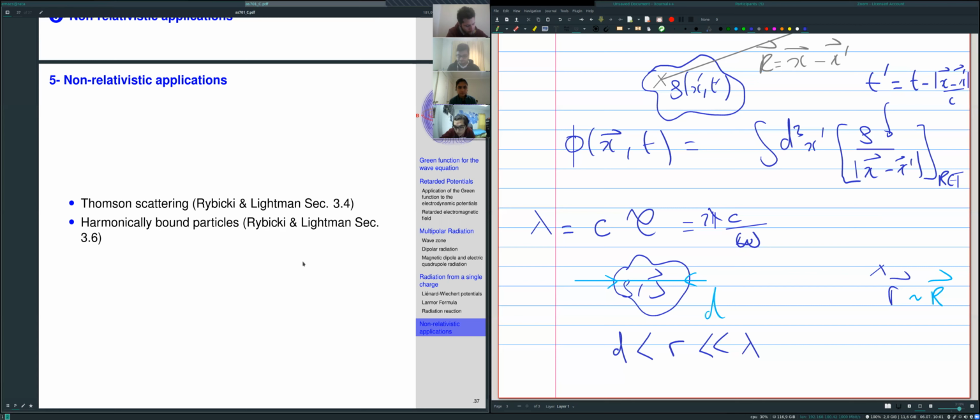And try to prepare these applications for Thursday. So it shouldn't take me too much time to go through multipolar radiation and the Larmor formula. And hopefully by the end of Thursday, we'll have finished chapter 3, okay?